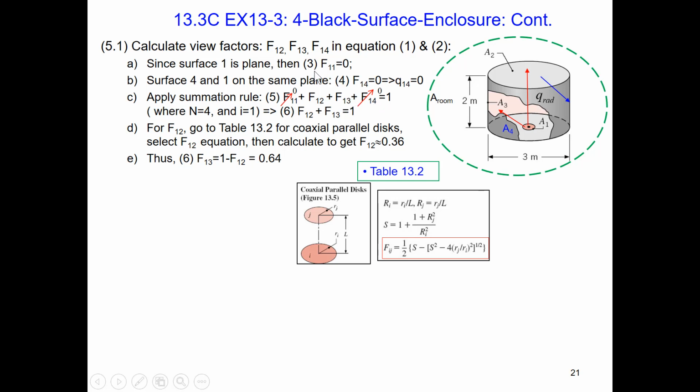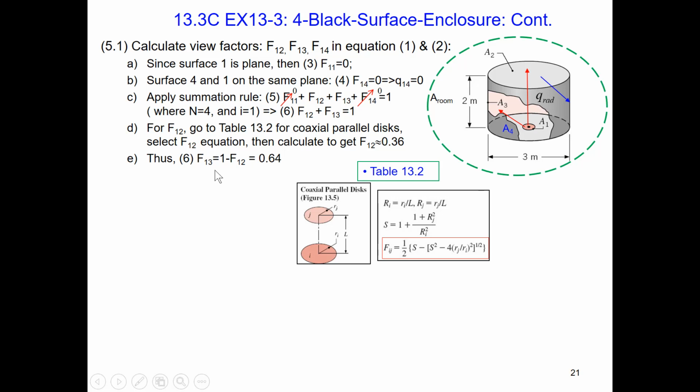Then we plug equation 3 and 4 into equation 5 to get equation 6. D. For view factor F12, we go to table 13.2 because it is 4 coaxial parallel discs of A1 and A2. Then we select the view factor equation, plug into numbers to get view factor F12 value.